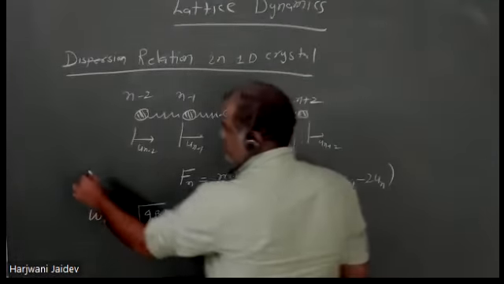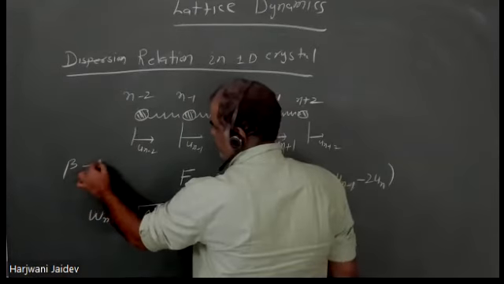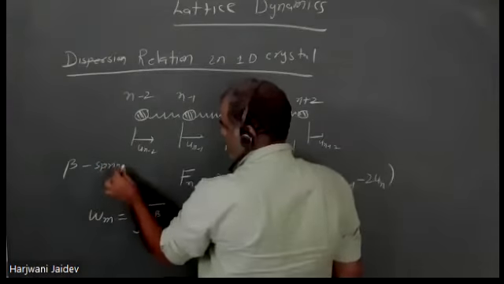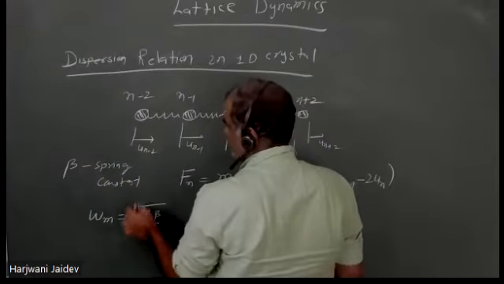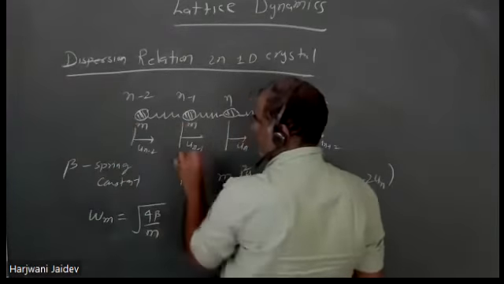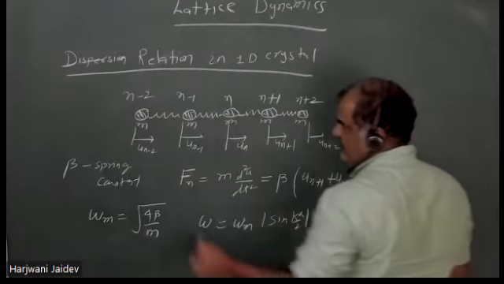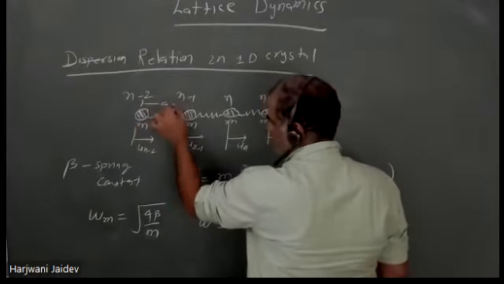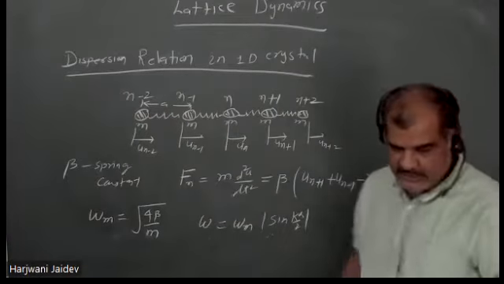What is beta? The spring constant. And small m is the mass of each atom. We also assumed the lattice constant was a. So this much we did yesterday, and now we move ahead.